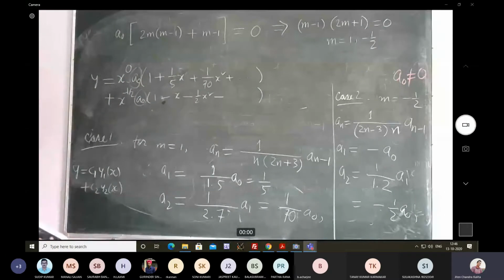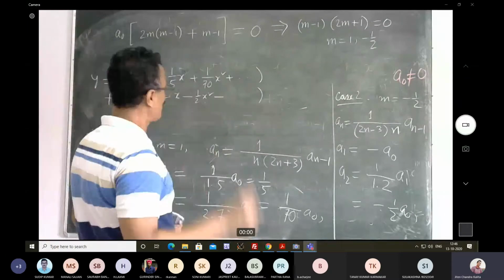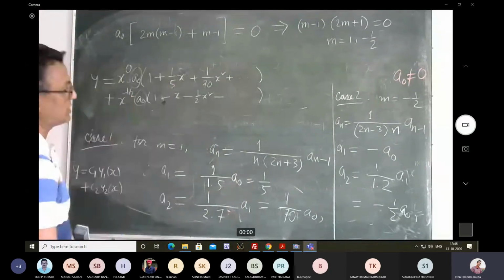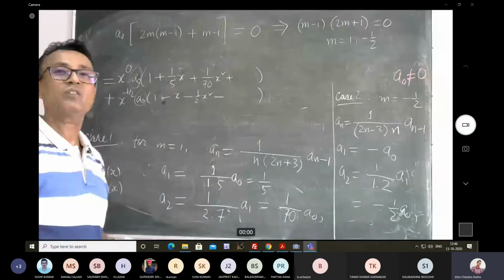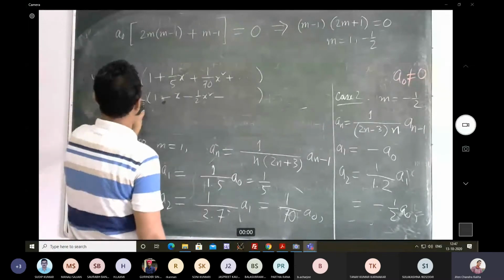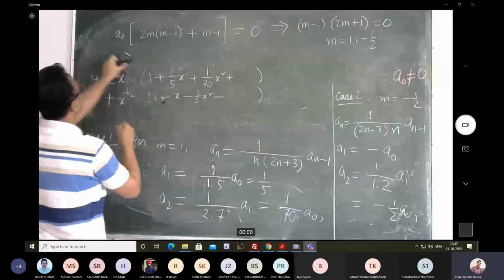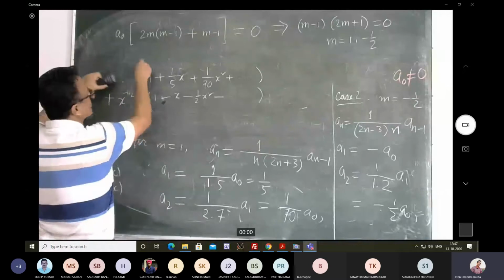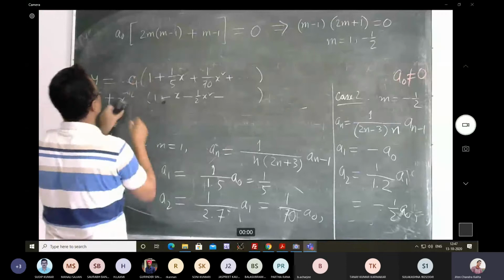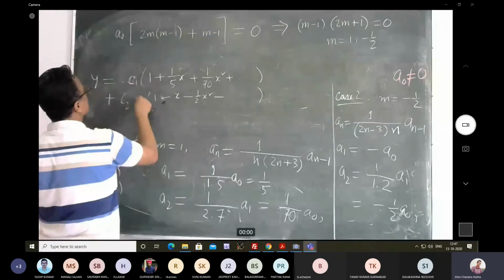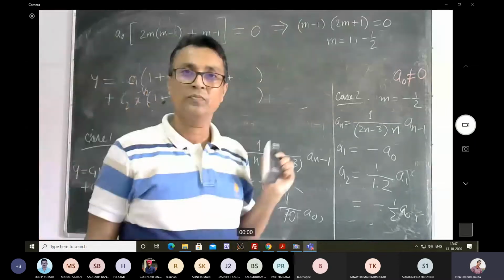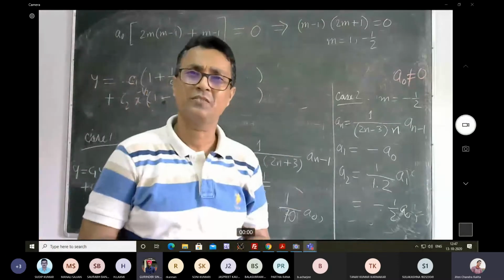So it is a convention that whenever you consider a Frobenius series solution, you simply plug in a naught equal to 1, so that this series is going to be this and that series is going to be that. x to the power 0 is simply 1, so simply plug in some constant here, c1 into this, c2 into x to the power minus half into this. Is it okay with everybody?